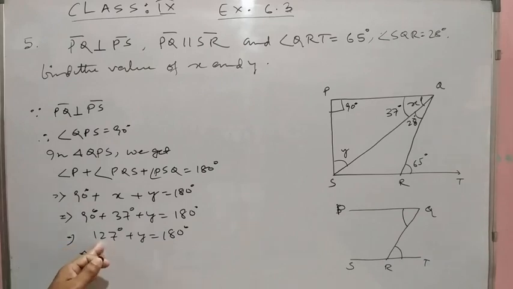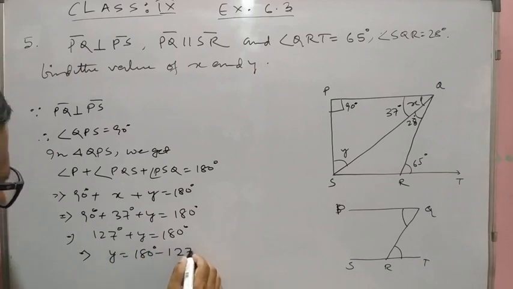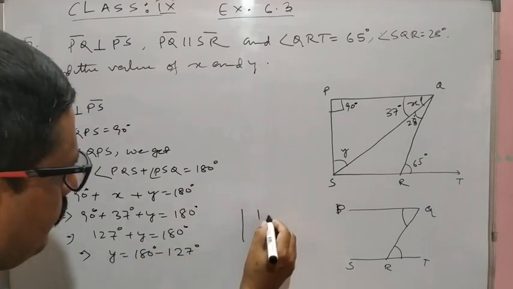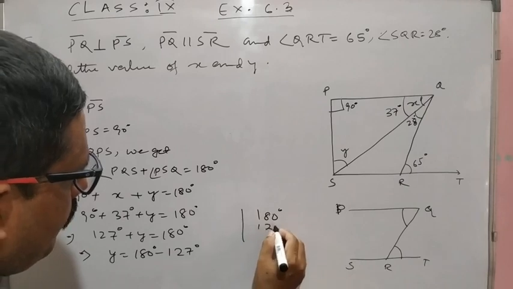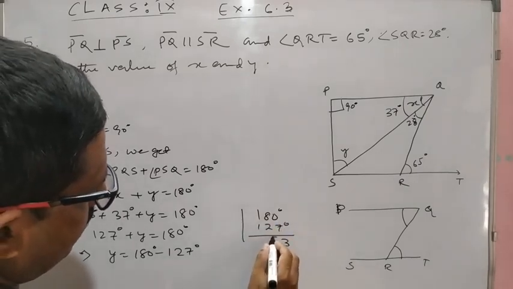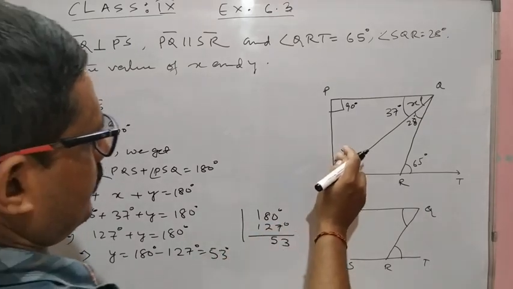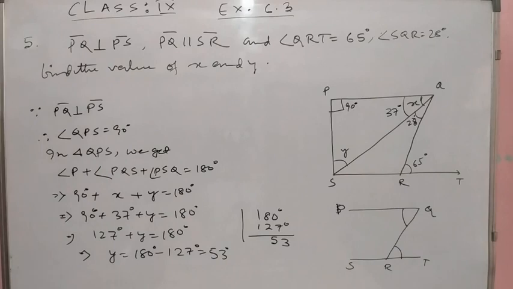Now transfer 127 to that side, we get Y equals 180 degrees minus 127 degrees. On subtraction we get 53 degrees. So the measure of this angle will be 53 degrees. Okay, thank you.